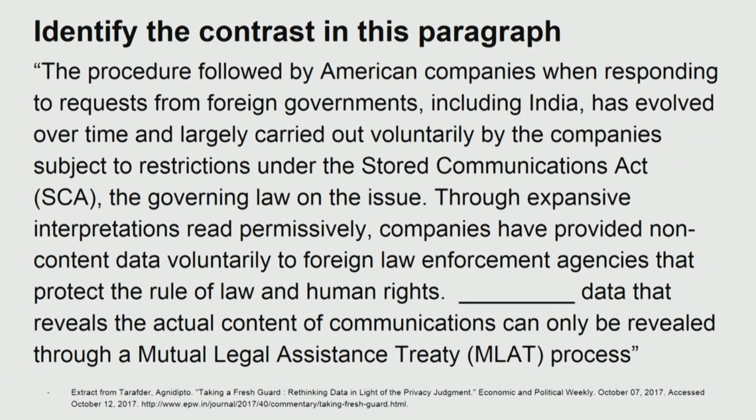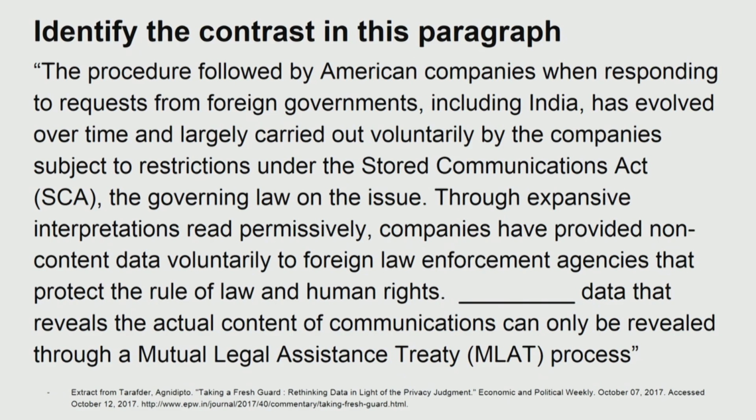Alright, now look at the passage here. This is another exercise. Identify the contrast in this paragraph. The procedure followed by American companies when responding to requests from foreign governments, including India, has evolved over time and is largely carried out voluntarily by the companies, subject to restrictions under the Stored Communications Act, the governing law on the issue.